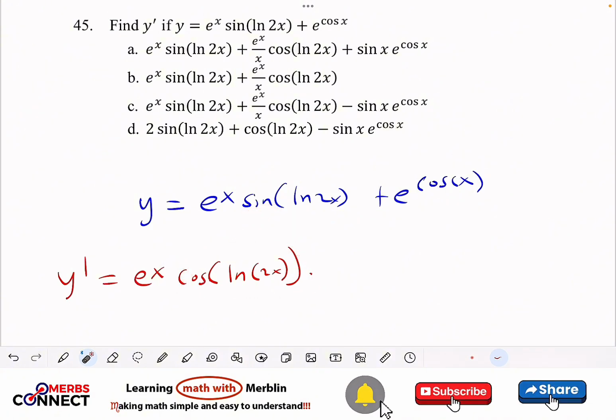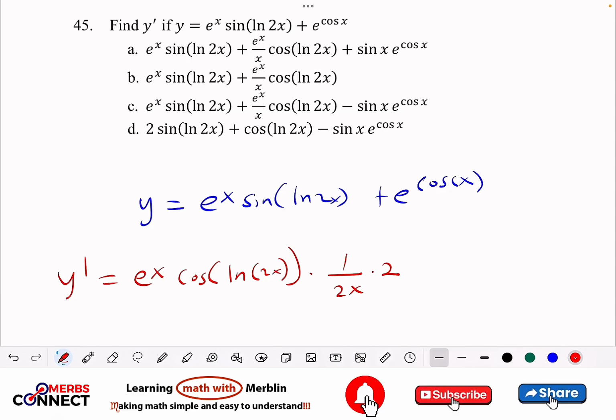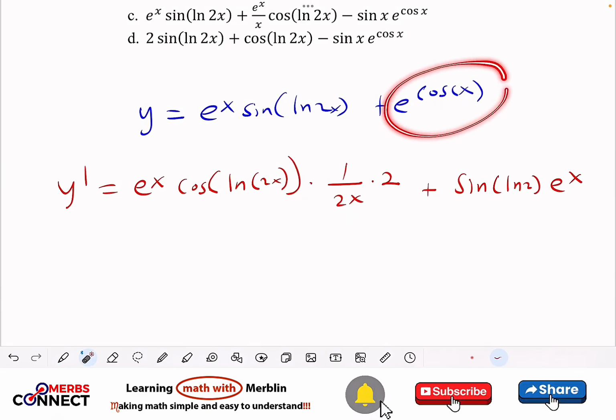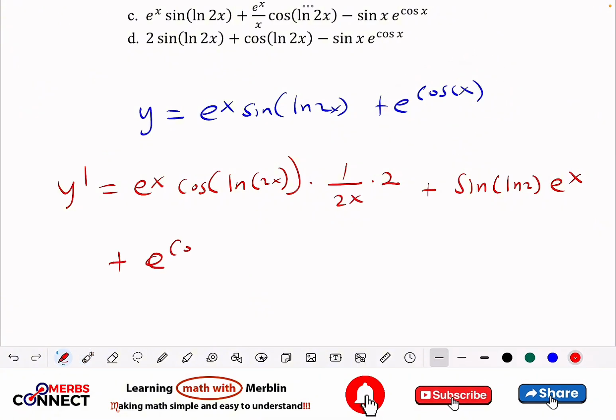I need to differentiate what is inside the parentheses. So I'm going to have 1 divided by 2x times 2. That's the ln function, which is ln of 2x. Plus, now I need to maintain sine ln of 2x and differentiate e to the x and get the same thing. Then now plus this is plus e to the power x cos x. Then I differentiate what is on the top and have minus sine x.